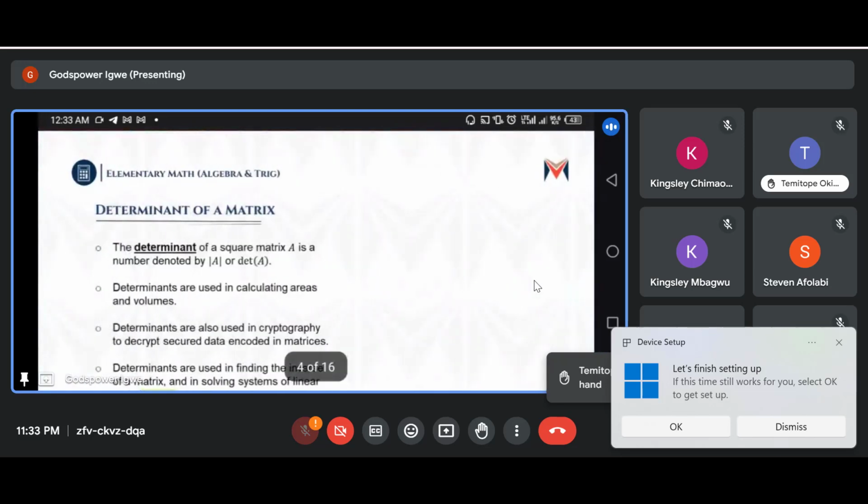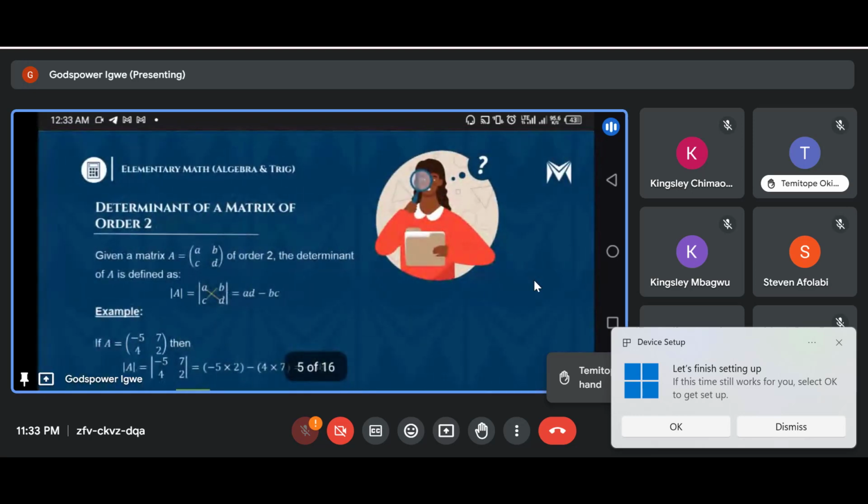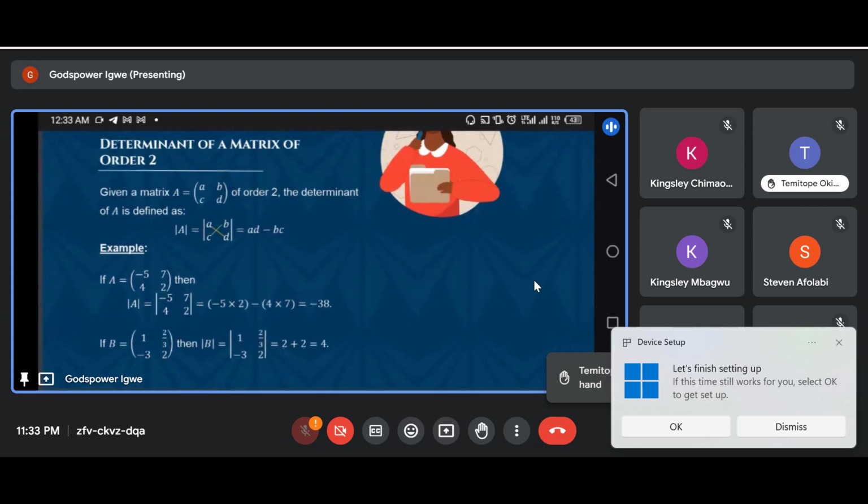When dealing with determinant, let's just look at an example and get the determinant. Determinant is just multiplying the first term and the second term, you cross multiply there, then do another cross multiply and you get the answer. We have minus 5 and 4 on the first column and 7 and 2 on the second column.